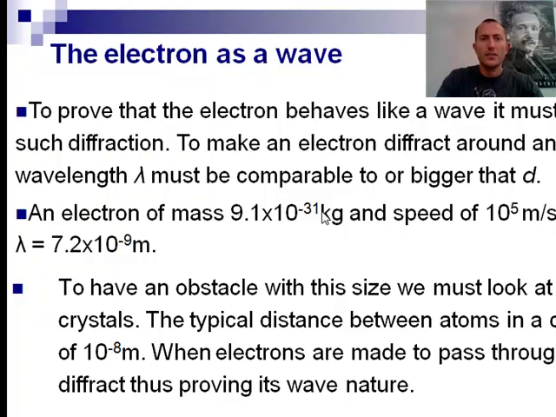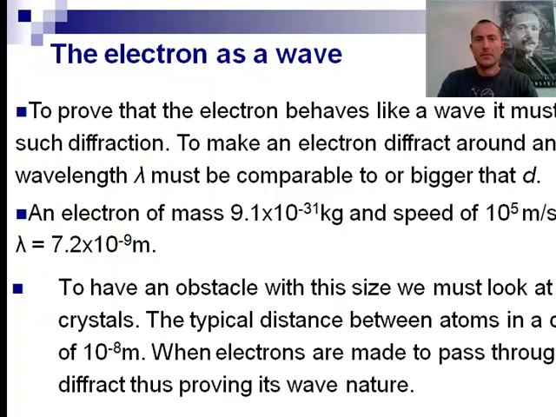If we plug that into our lambda equals h over p, we get the theoretical wavelength associated with an electron to be 7.2 times 10 to the negative 9 meters. Okay, so certainly something that should be measurable.